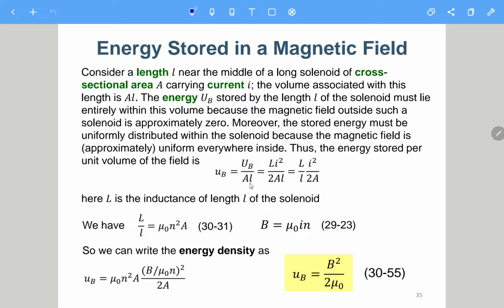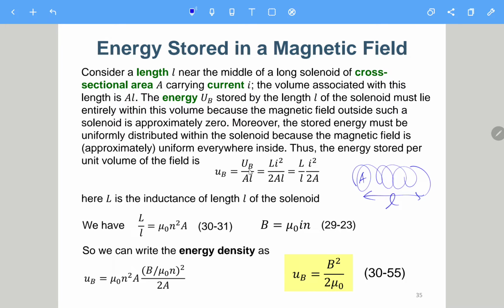The volume is the cross-section area multiplied by the length, and it is a cylindrical shape. Because this is an inductor, it has a cross-section area A and a length l, so A times l is the volume of this region. We assume the B field is uniform inside the inductor, although it is not actually exactly uniform; we approximate it that way.